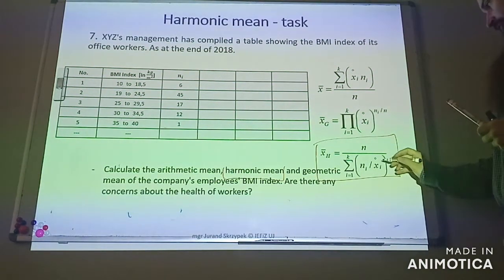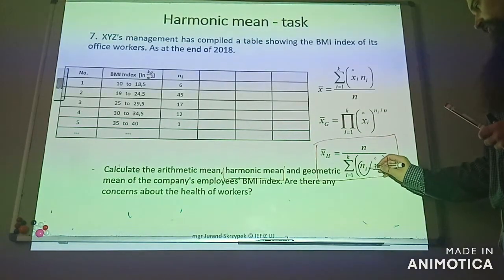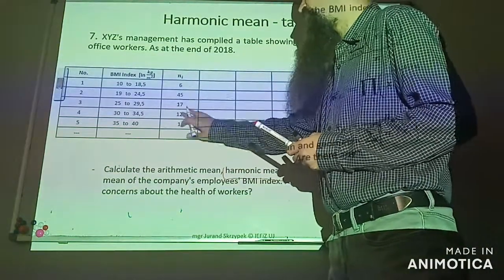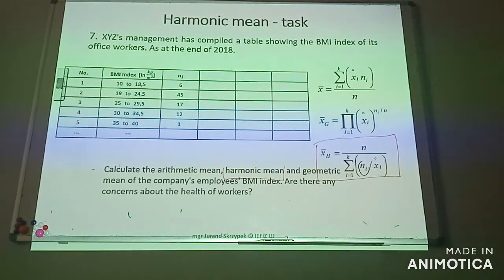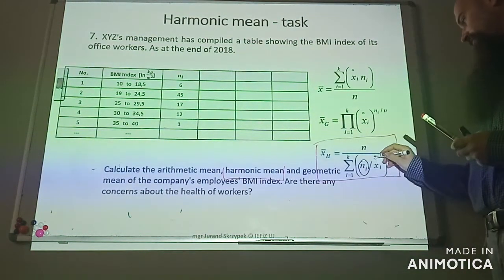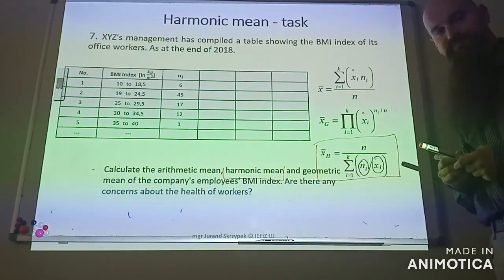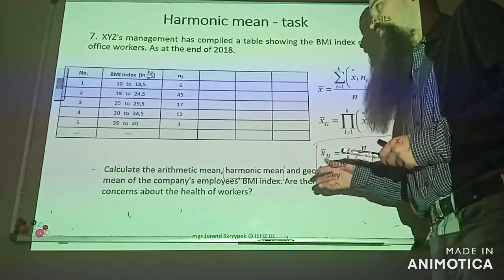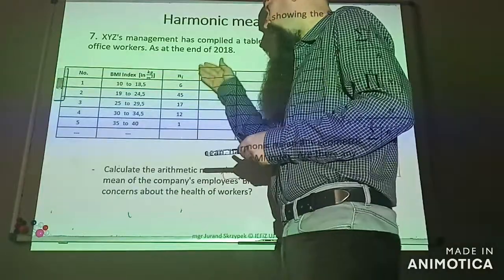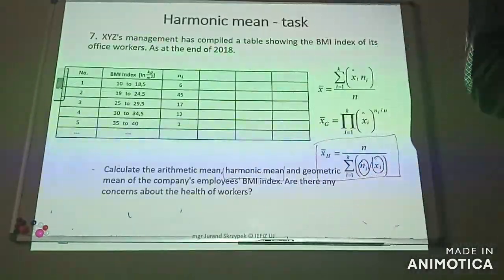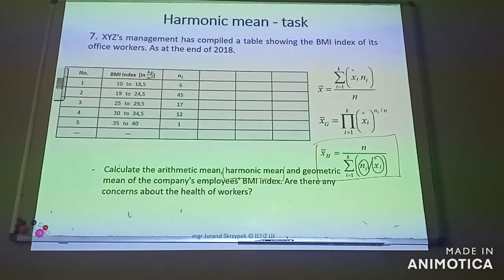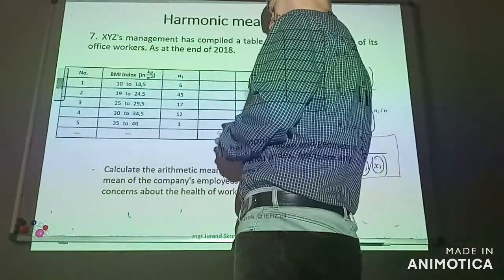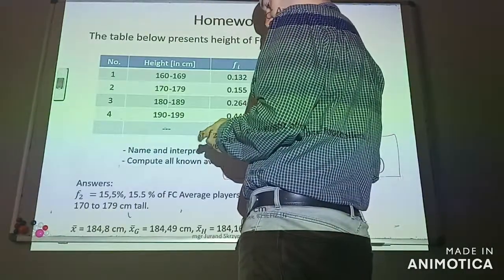What we need here? In the first step, Ni's, yes, we see the frequencies here, Ni divided by the middle of the classes. Okay, but before that, we should answer the question, how many people work in the firm? So we have to summarize the column of Ni.